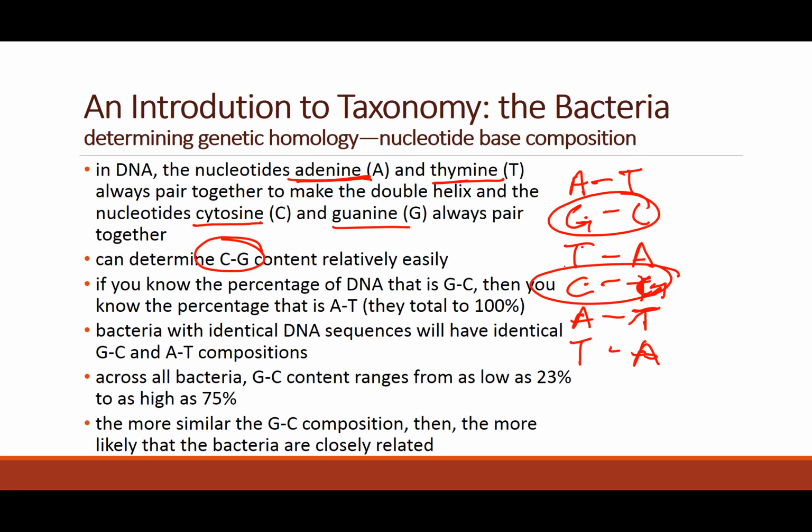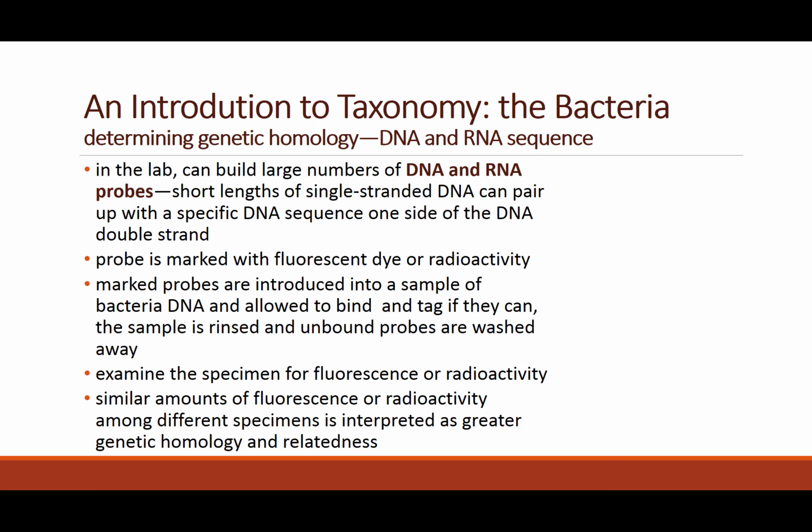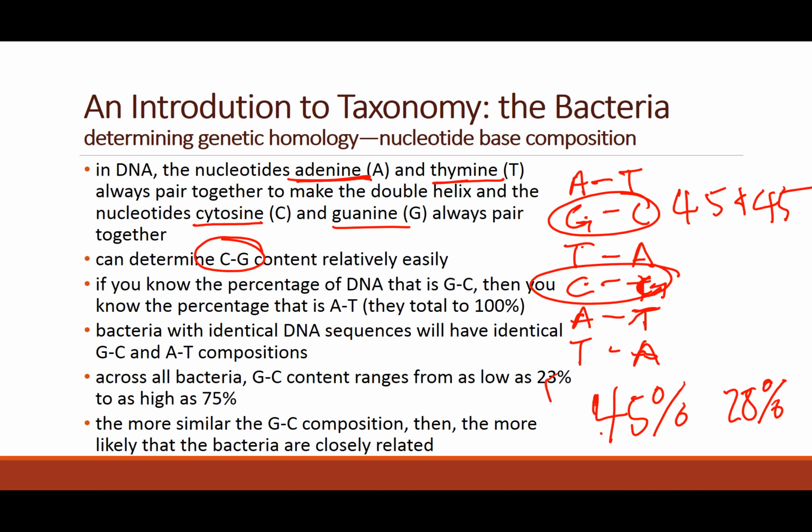So if you had one bacterium with, say, a 45% CG content, and another bacterium with, let's say, a 28% CG content, then you would have a lot of reason to say that these are not closely related at all. Whereas if you saw 45 and 45, then that would be evidence that perhaps they could be very closely related.